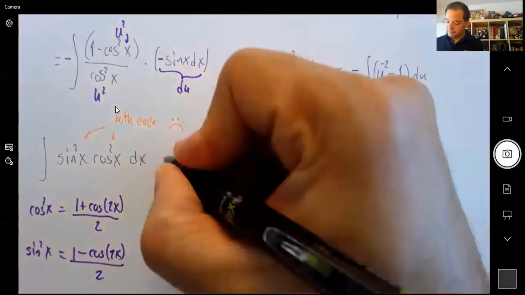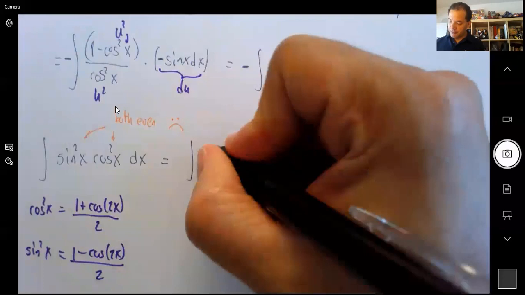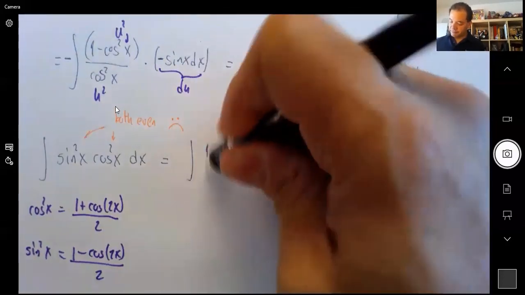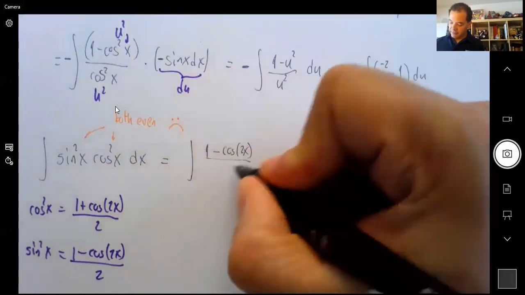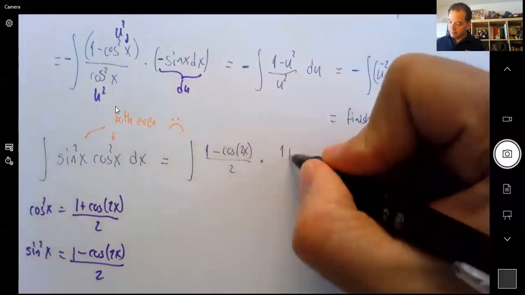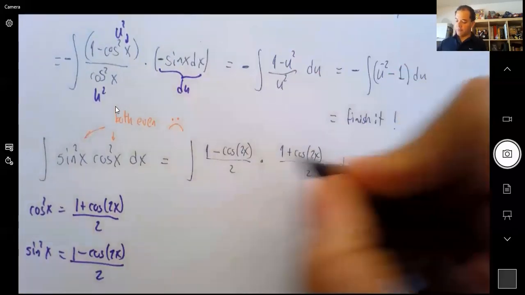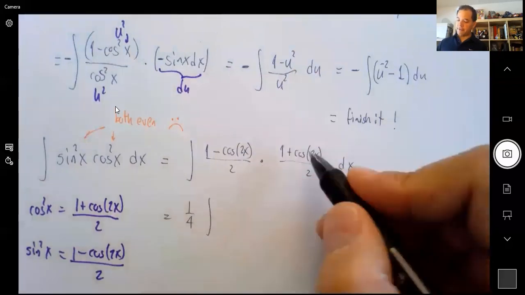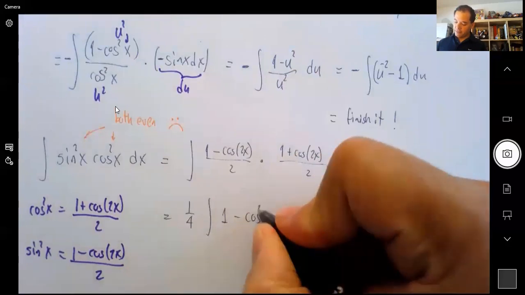So we plug these two in, so this will be 1 minus cosine 2x divided by 2 times 1 plus cosine 2x divided by 2. You multiply it out, so the 2 and the 2 can come out as a 1/4, and this is a difference of squares, so this will be 1 minus cosine square of 2x.